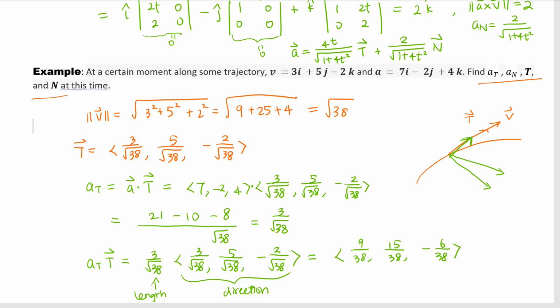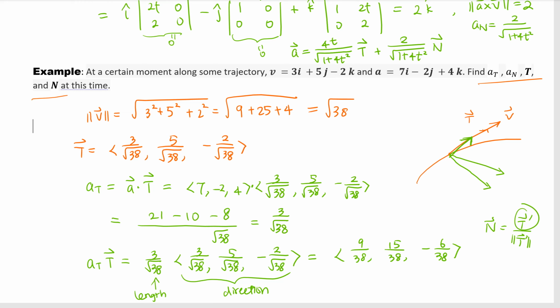Okay, so here, how do we find the principal unit normal vector? Because we're not given a function of t, usually you do t prime over the magnitude of t prime, but here we're not given a function of t.